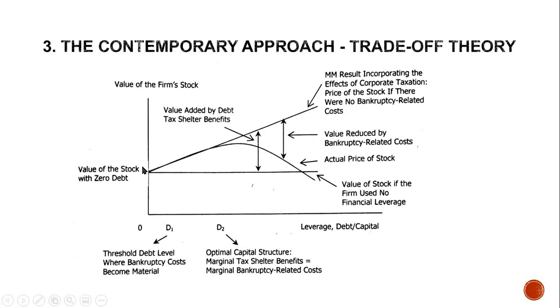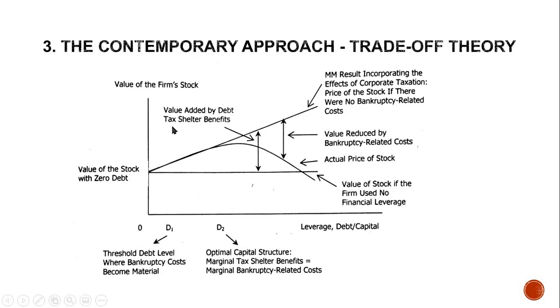But this one is the value of the firm, okay? This is the value added by debt tax shelter benefits. So this is the value of the firm when, aside from its equity financing, it also has debt financing. The value of the firm increases because of the tax shield when you borrow money.